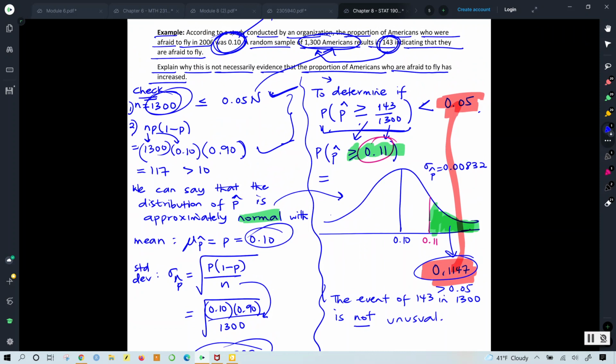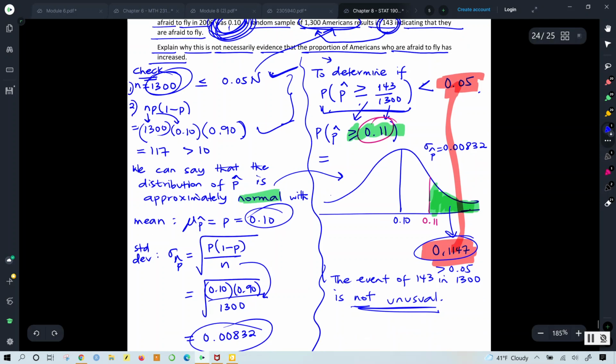We did not observe anything unusual, so this proportion has not changed. It has not increased. That is what we can imply. So this analysis tells us that what we observed in this sample does not give us any substantial evidence to say that the proportion of Americans who are afraid to fly has increased.